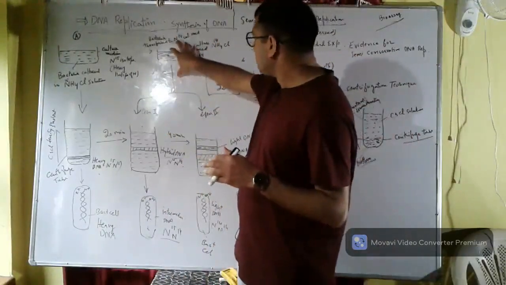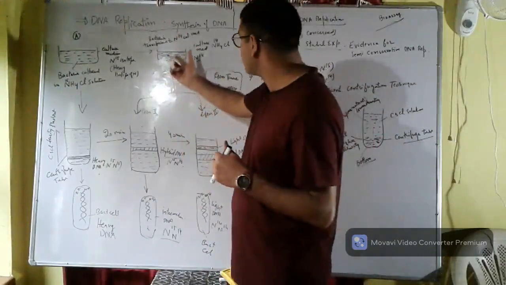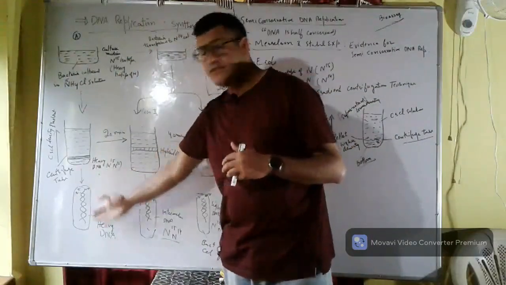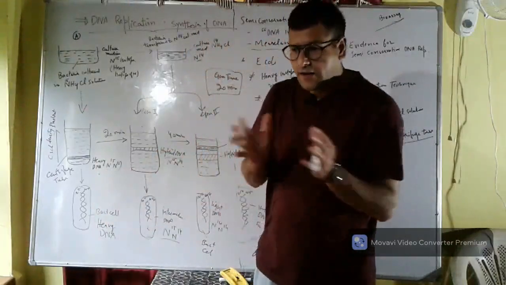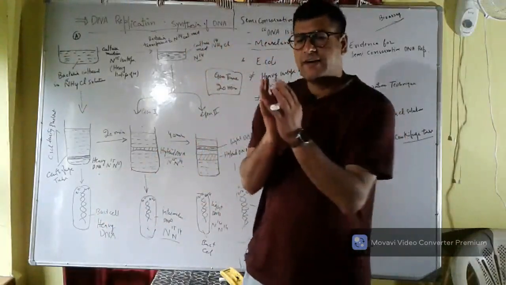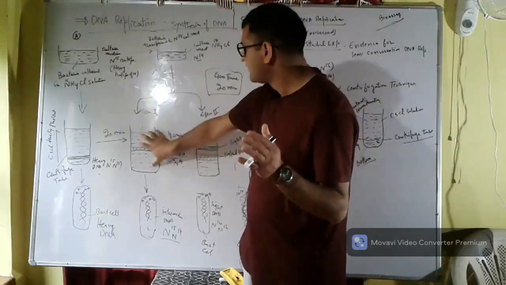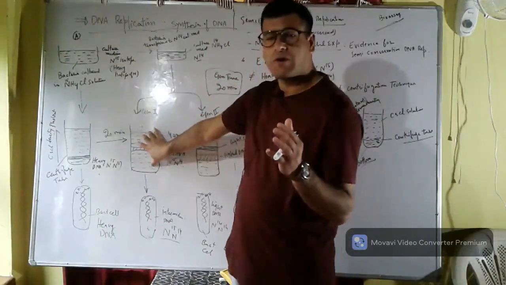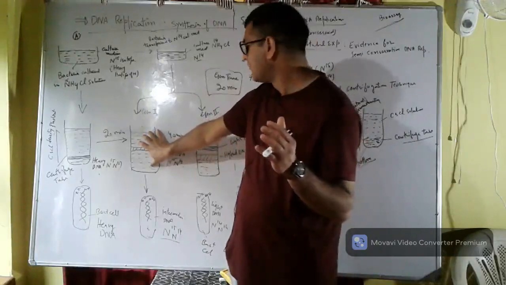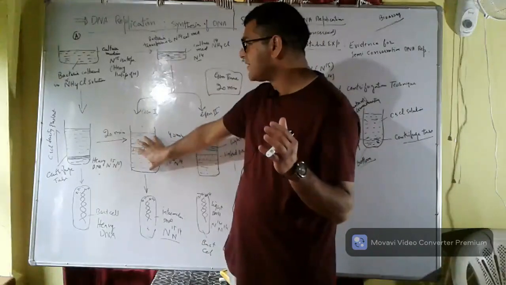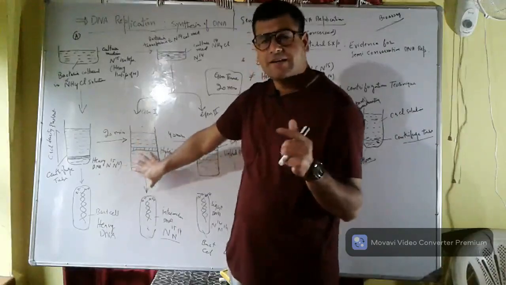After the first generation, these bacterial cells with heavy DNA have started replicating and they have separated their strands. In this case, they have separated their strands after 20 minutes, after the first generation time, and they have replicated.